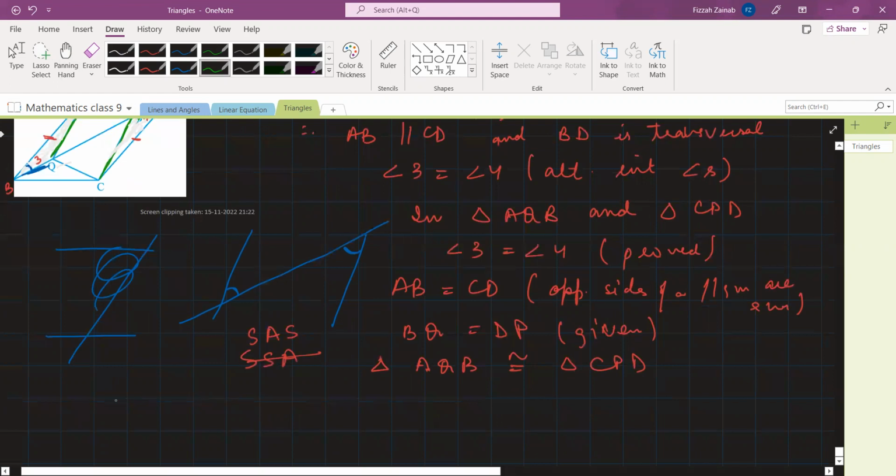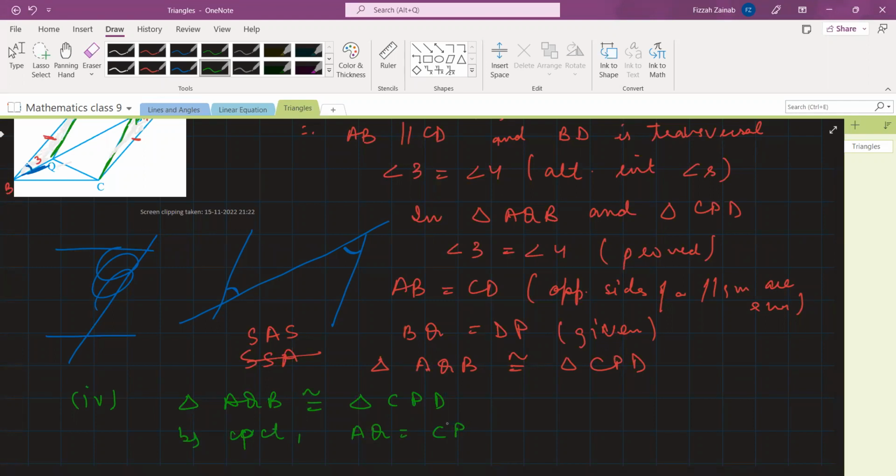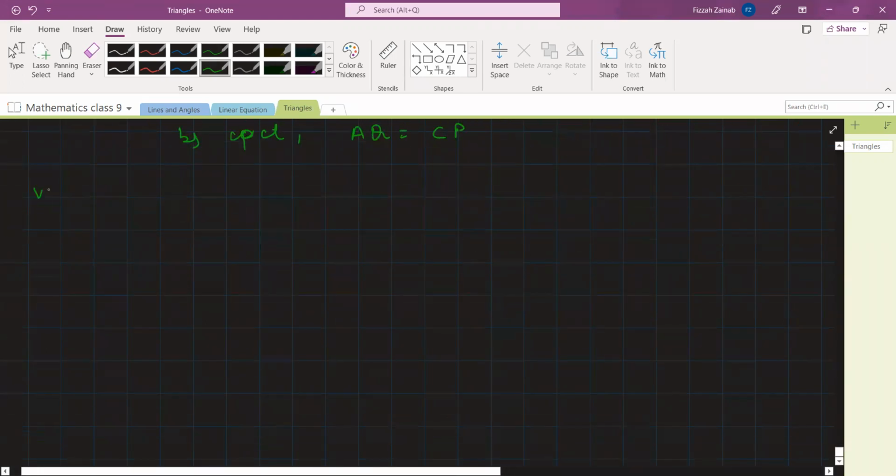For the fourth part, you can say triangle AQB is already congruent to triangle CPD, and by CPCT, you can say AQ is equal to CP. Right? Now you look at the fifth part of this problem.